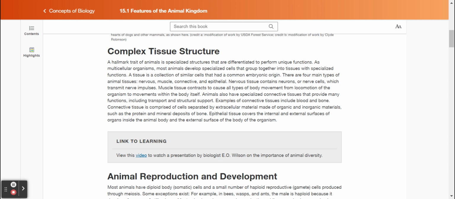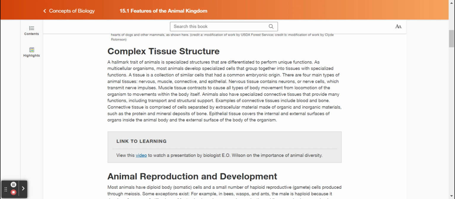Nervous tissue contains neurons, or nerve cells, which transmit nerve impulses. Muscle tissue contracts to cause all types of body movement, from locomotion of the organism to movements within the body itself. Animals also have specialized connective tissue that provides many functions, including transport and structural support.